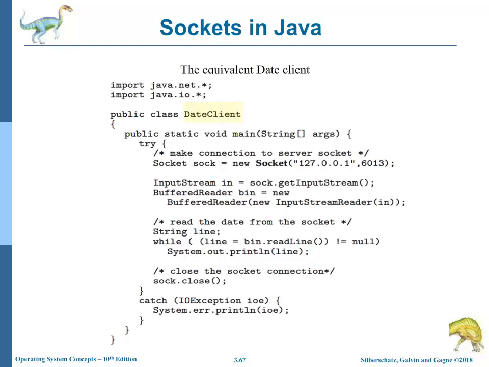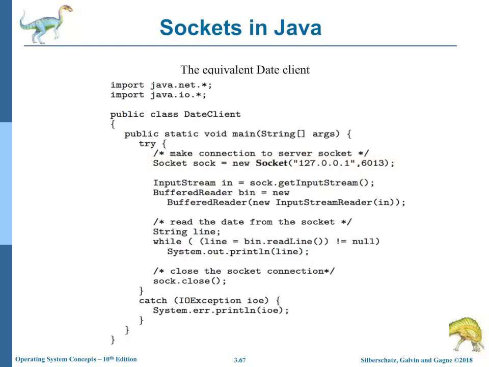A client communicates with the server by creating a socket and connecting to the port on which the server is listening. So in this code, the client creates a socket and requests a connection with the server at IP address 127.0.0.1 on port 6013.